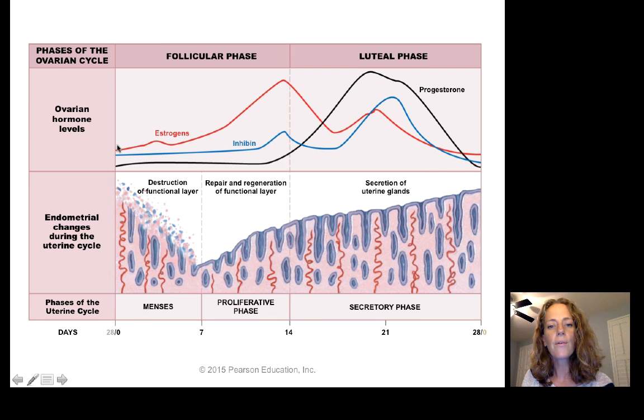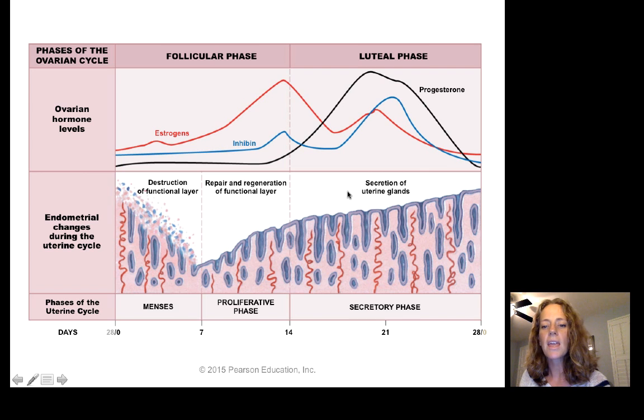So now we can look at the estrogen increase that is from the follicles maturing, and that causes some increase in thickening of the uterus lining. And now the progesterone increase during the luteal phase causes an even further thickening and secretory state of the uterine lining.